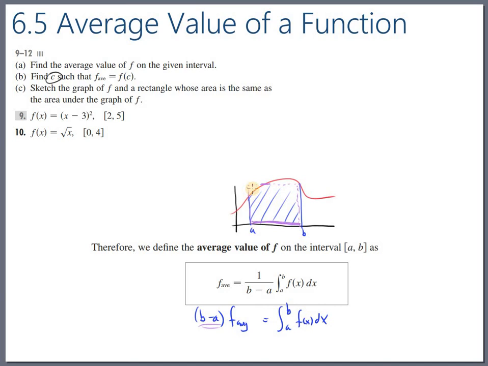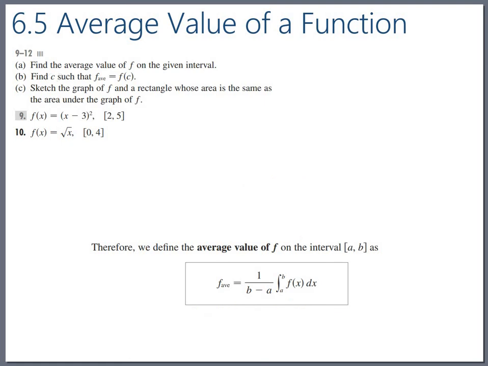And the theory is this purple rectangle now should have exactly the same area as the blue, the area under the curve. Which kind of makes sense when you're talking about the average of the function, right? You kind of lop some of the top off the hill and use it to fill in this little valley space right here, and just flatten out the curve to its average value. So that's kind of what they want us to draw in part C.